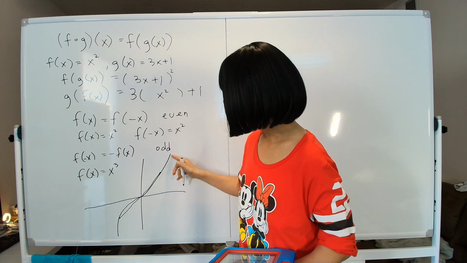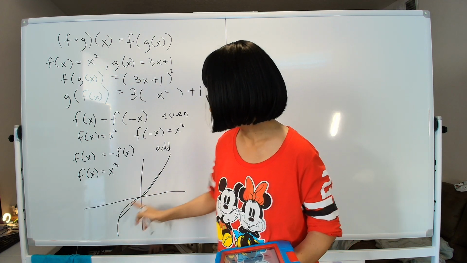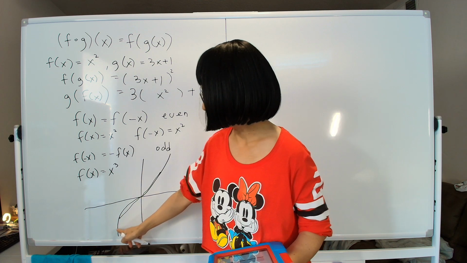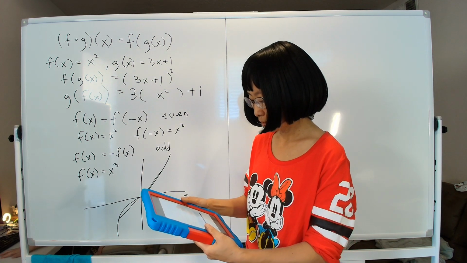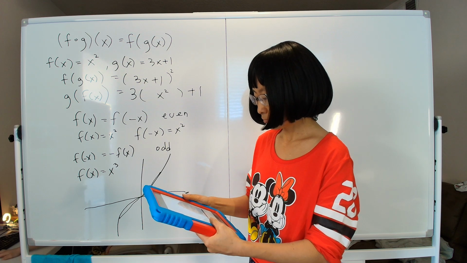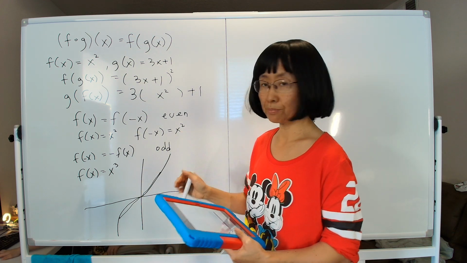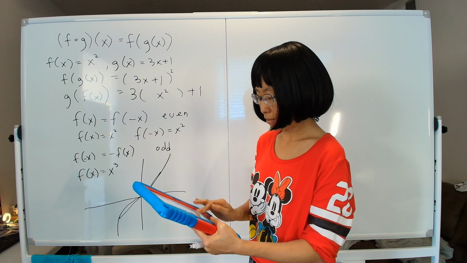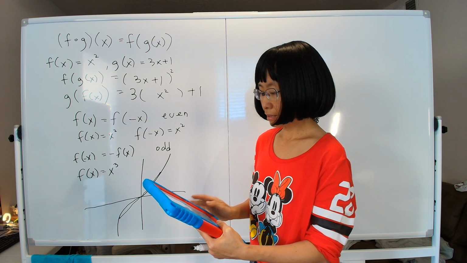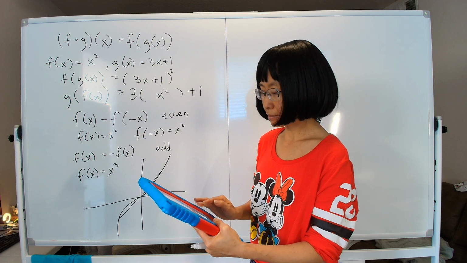So as it goes up, there's a corresponding point that's the same distance from the origin down here. That's basically what it means. Whereas this one was symmetrical about the x-axis. And that's all we want to talk about on that.